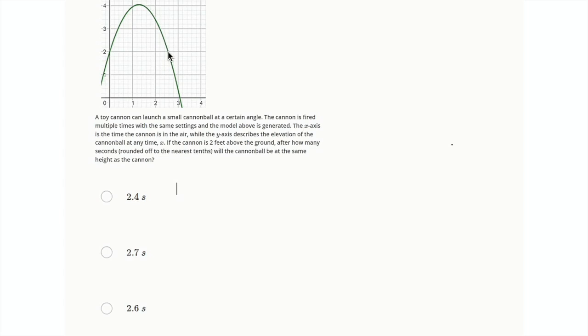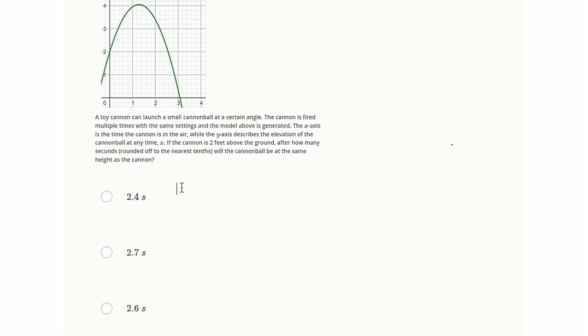Looking at the graph, it seems like that 2 feet on the y is happening right here on the x, a little more than halfway between 2 and 3. So eyeballing it, I would guess 2.6 seconds just as an instinct. But of course, we should check it because these numbers are pretty close together, right?